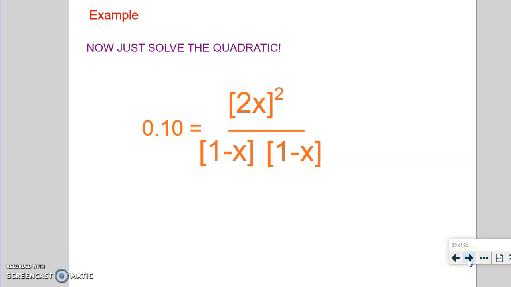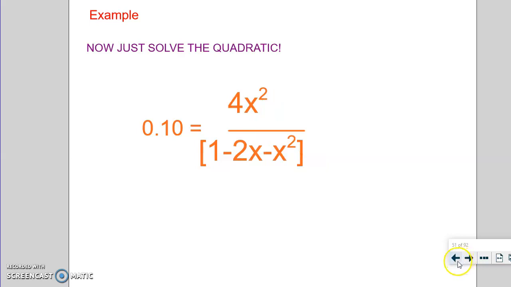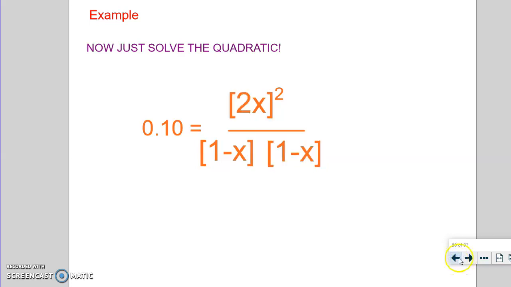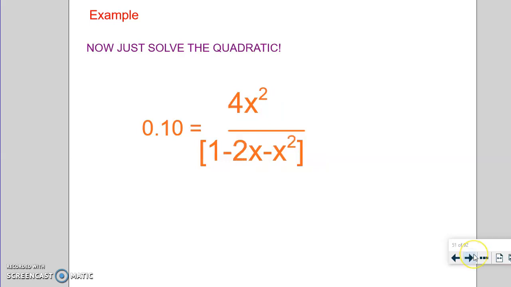So let's go ahead and just start rewriting this in different ways. That top 2x quantity squared turns into 4x squared. We're going to FOIL the bottom. We get 1 minus 2x minus x squared. And I'm going to go kind of fast here, so I don't want this whole video to be just watching me do algebra. So if you want to pause and figure out what I did at any step, feel free to do that.